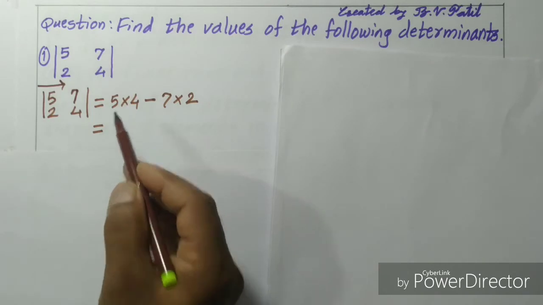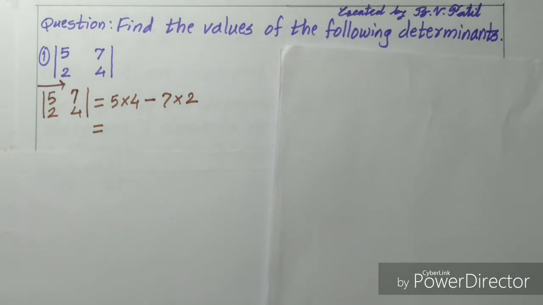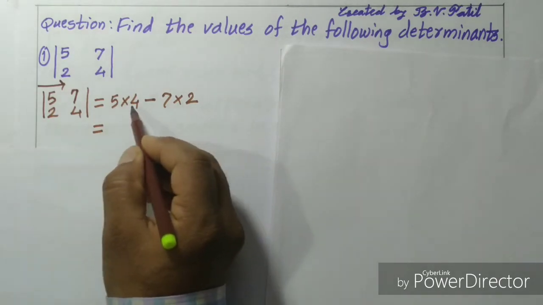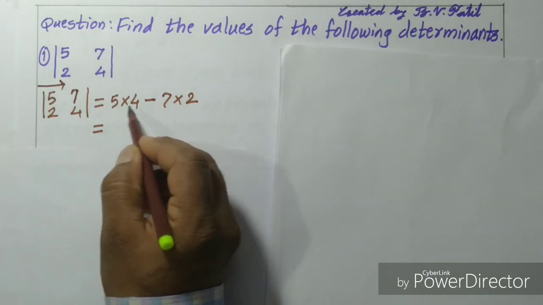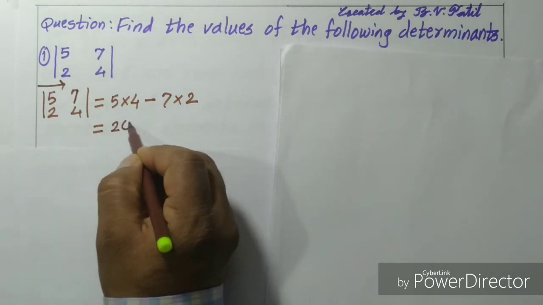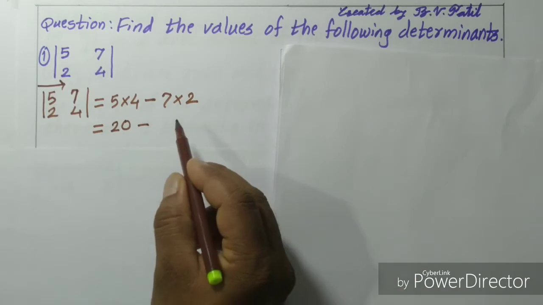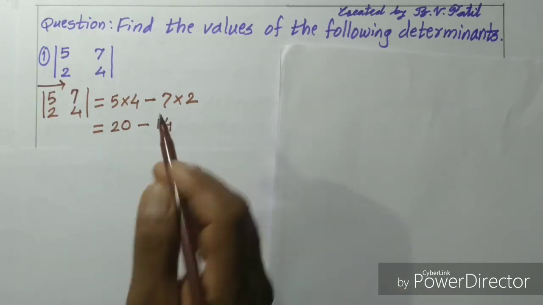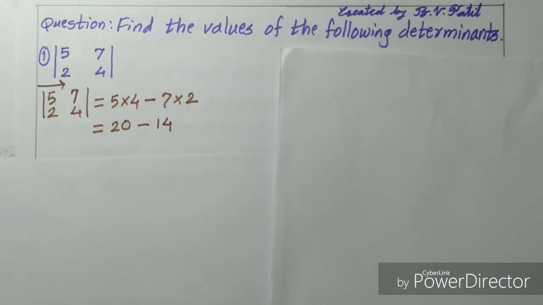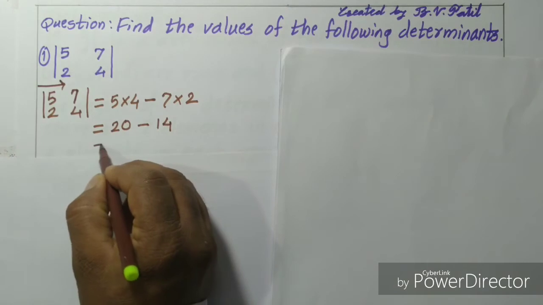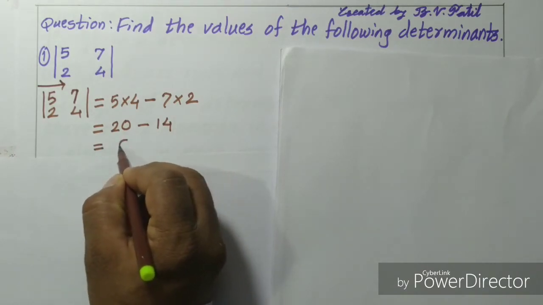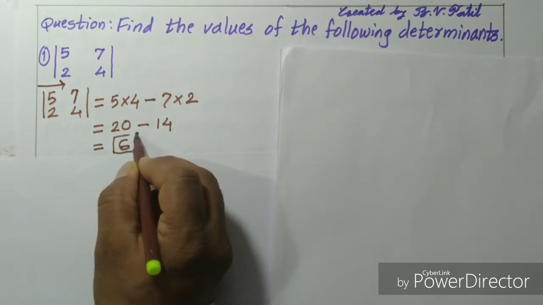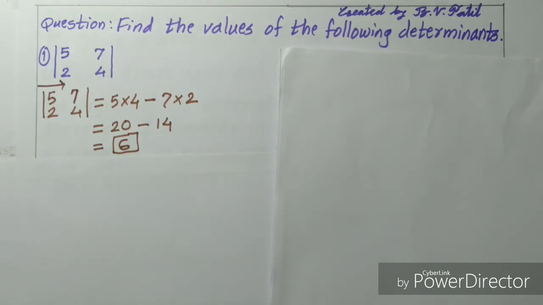What do we get? 5 4s are 20 minus 7 2s are 14. Subtraction, we get 6. That is the answer of the first determinant.